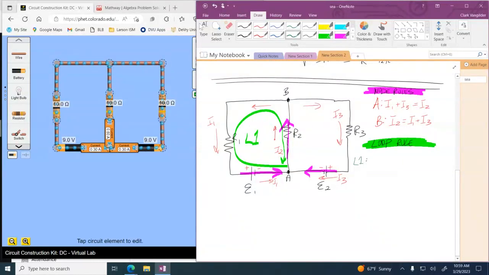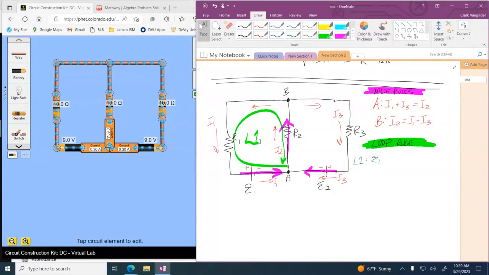I'm going uphill through the battery. So that's a positive voltage, so I would just write E1. Then as I traverse through resistor 1 here, I'm going kind of against the flow because I am assuming that current 1 is going downward, electron flow is going downward.